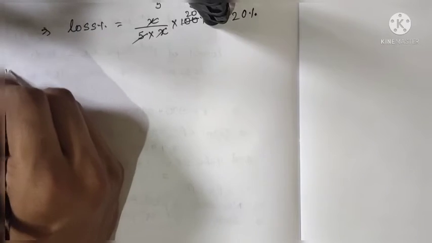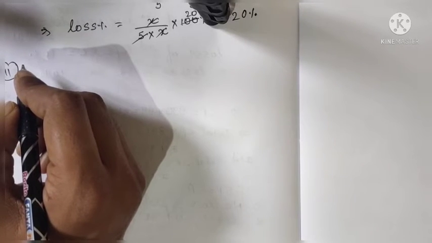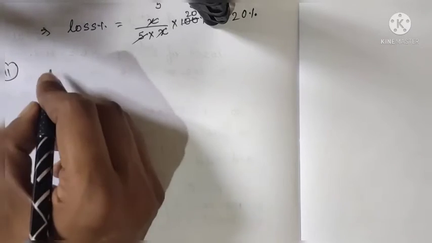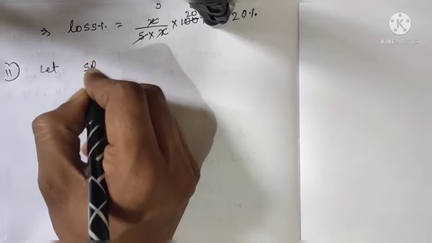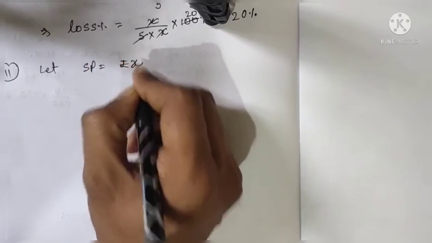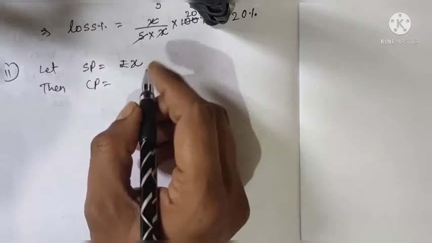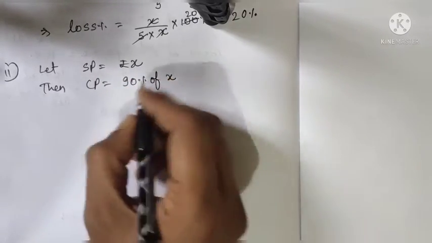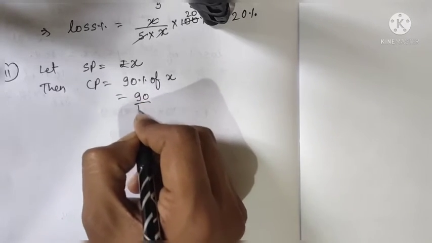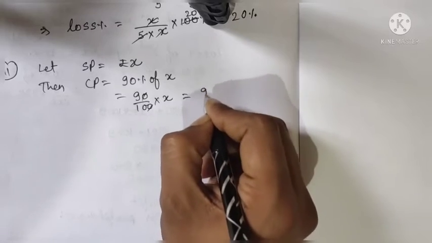Now question number 11. Question number 11 is: the cost price of an article is 90% of its selling price. So let SP be equal to rupees X, then CP is equal to 90% of SP, that is 90% of X, means 90 by 100 into X, this cancels, so it will be 9X by 10.